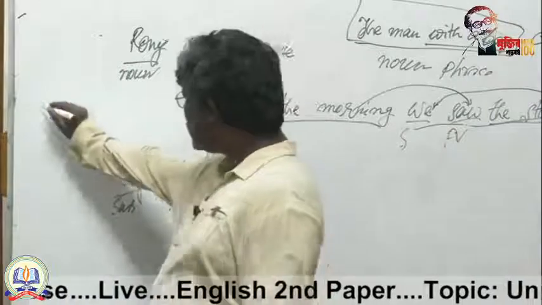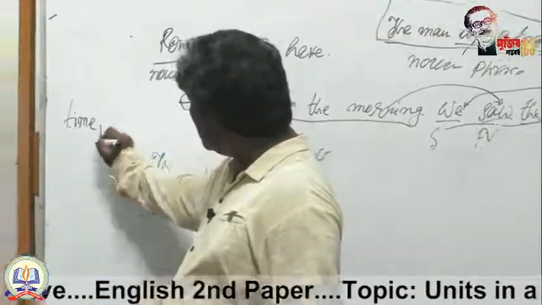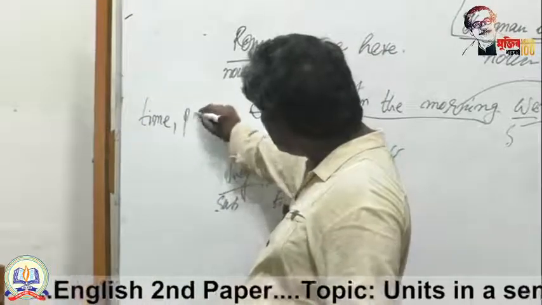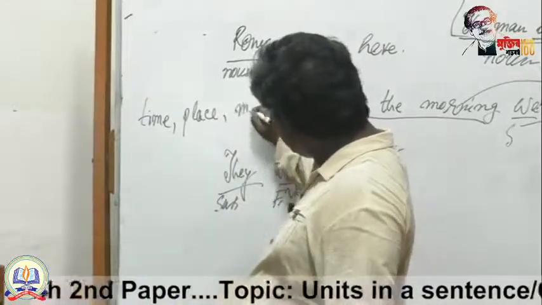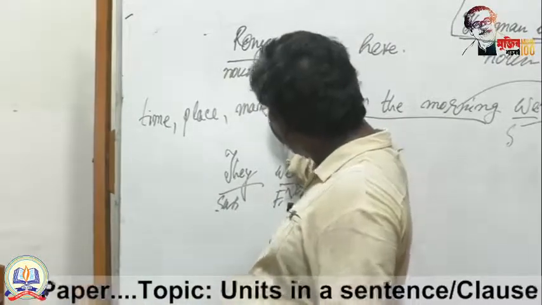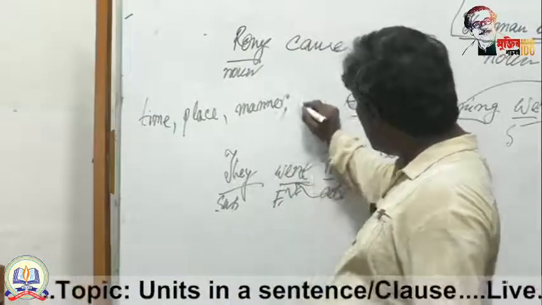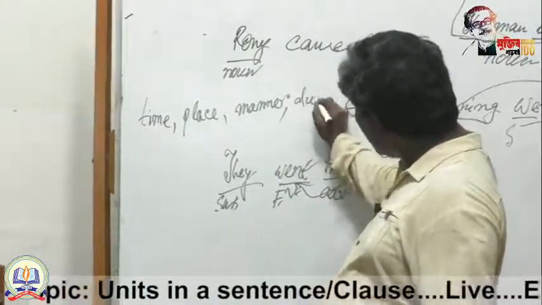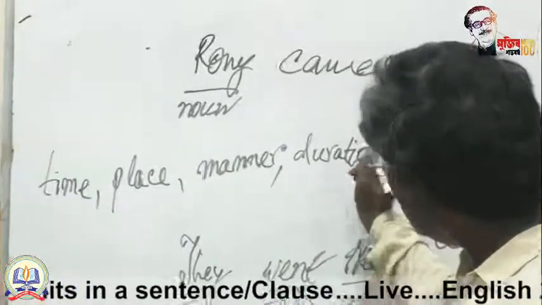I write on the board the time, place, manner. He read carefully. How did he read? Of duration, he worked for 2 hours. How long did he work?